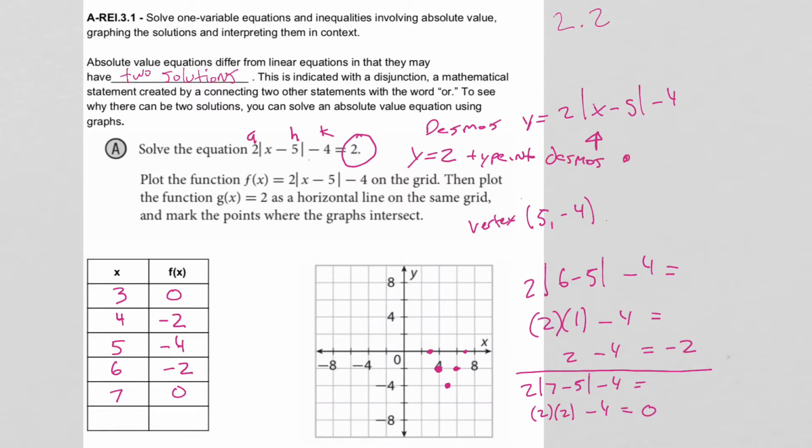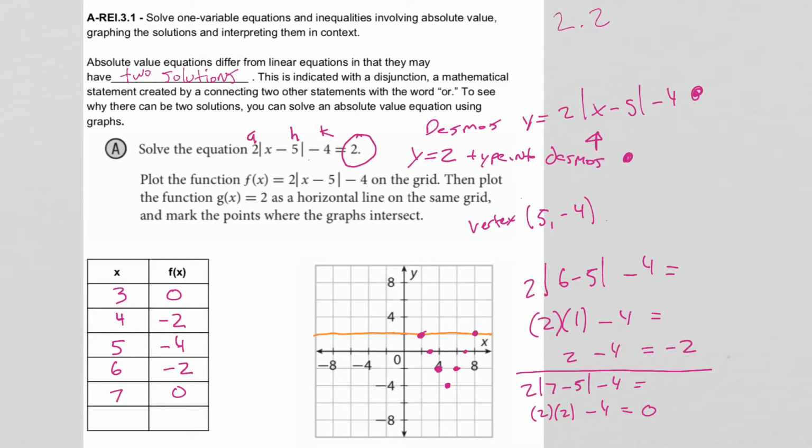If I type this into Desmos and this into Desmos, I would get our V, and I'd also get a horizontal line. So I would get this horizontal line at 2, because that's the graph of y equals 2. And then I would get the V, which would continue on to here and here.